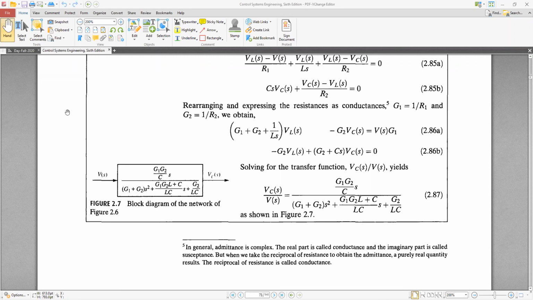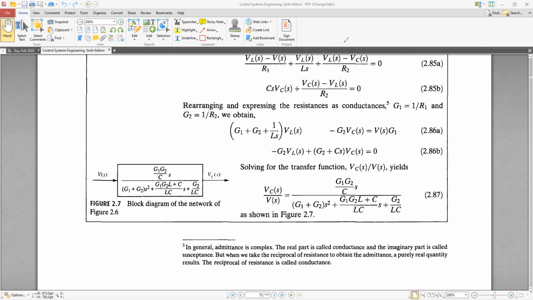But when we take the reciprocal of resistance to obtain the admittance, a purely real quantity results. The reciprocal of resistance is called conductance.